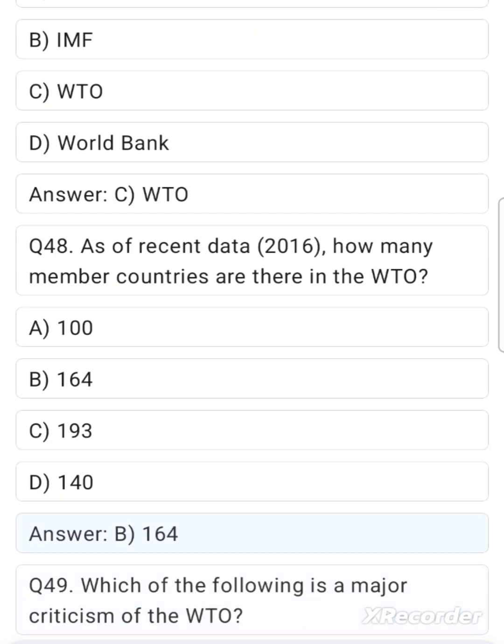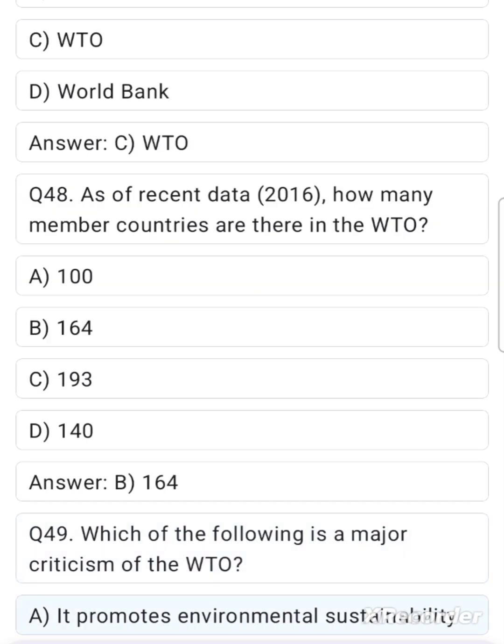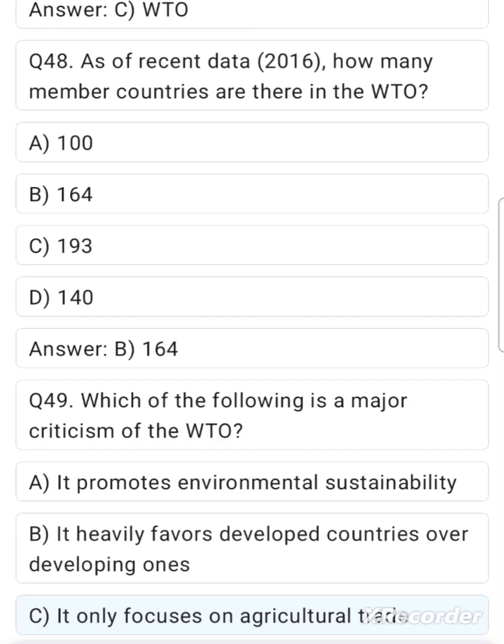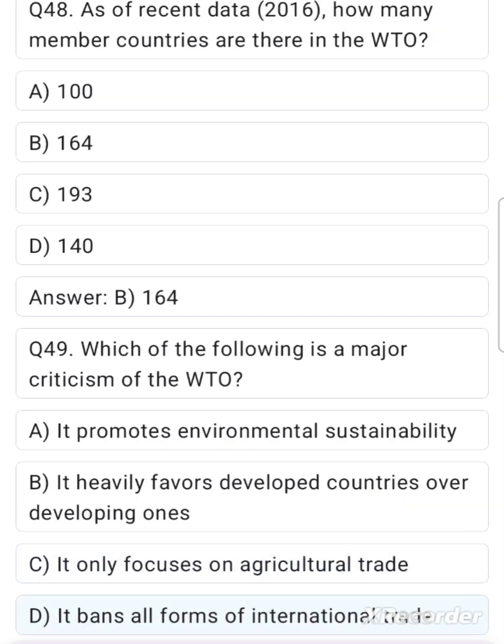Q49. Which of the following is a major criticism of the WTO? A. It promotes environmental sustainability. B. It heavily favors developed countries over developing ones. C. It only focuses on agricultural trade. D. It bans all forms of international trade.